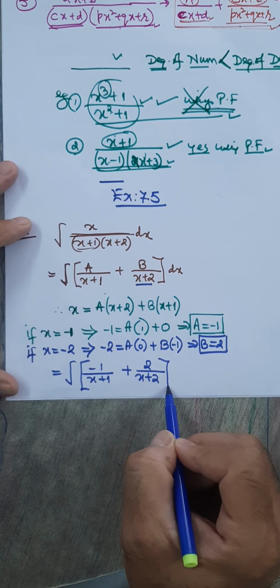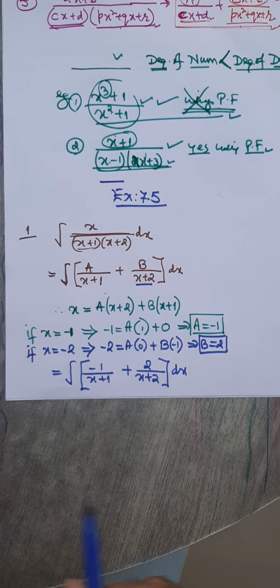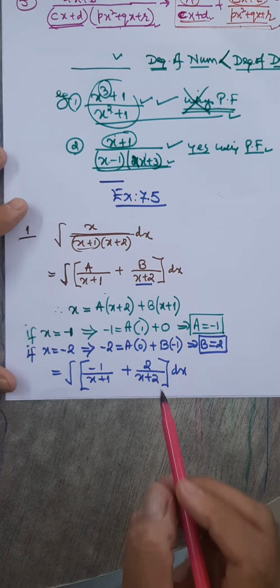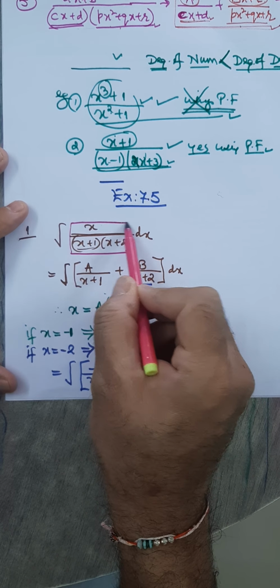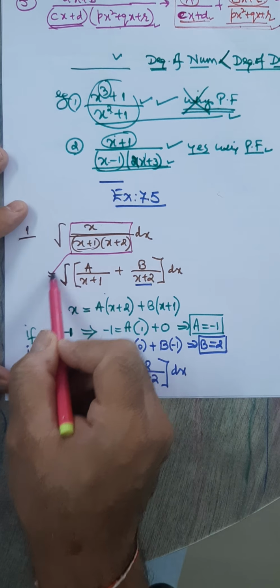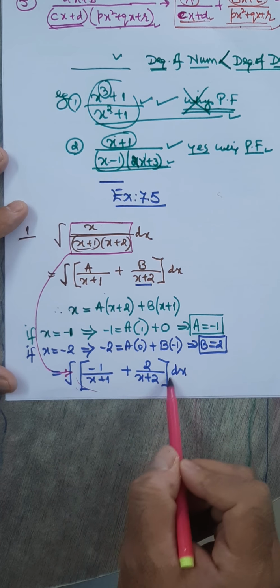So this is not integration, remember. This is called the partial fraction method. What you did: a product of two linear factors cannot be integrated directly, so from the product you expressed it in this form. Now this can be integrated very easily.